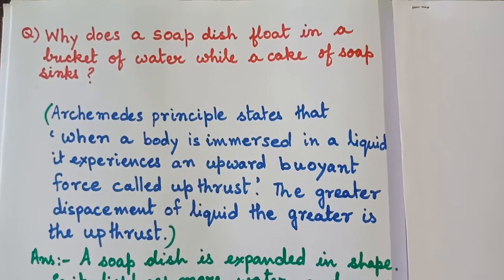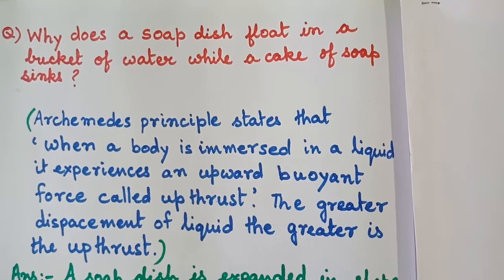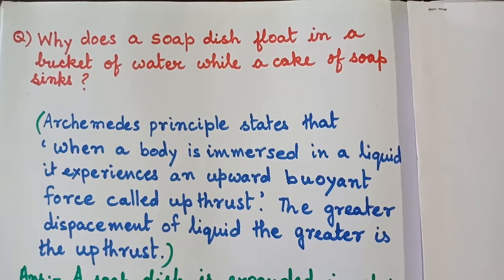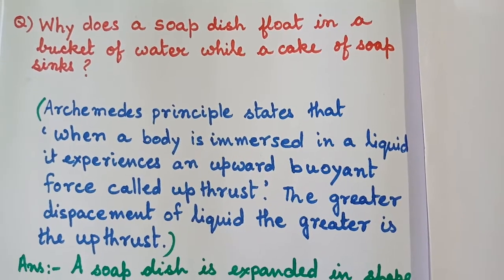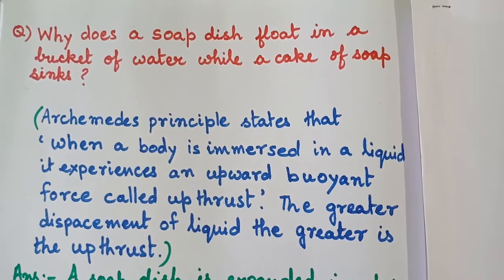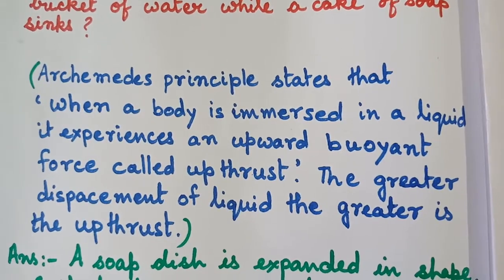Now another important question. Why does a soap dish float in a bucket of water while a cake of soap sinks? For giving the answer to this, we should know Archimedes' principle. Now, what is Archimedes' principle?